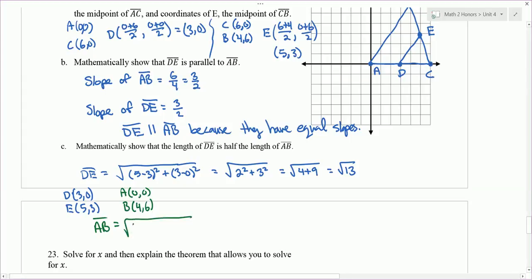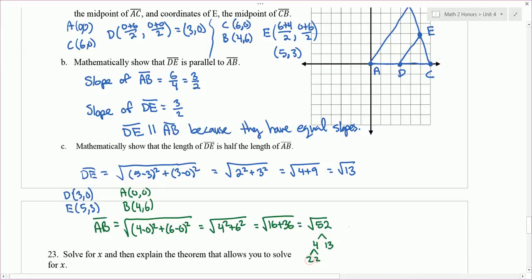The square root of 4 minus 0 squared plus 6 minus 0 squared. It's the square root of 4 squared plus 6 squared, which is the square root of 16 plus 36. 16 plus 36 is 52. If you break 52 down, 52 is 4 times 13.